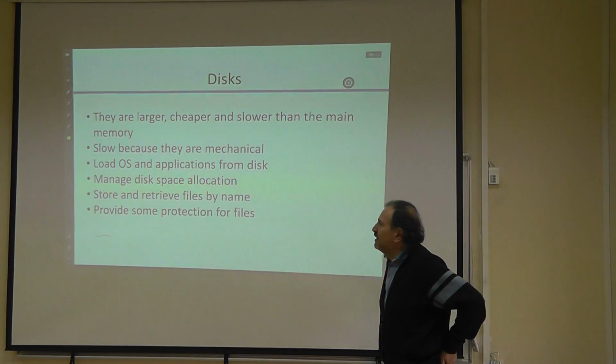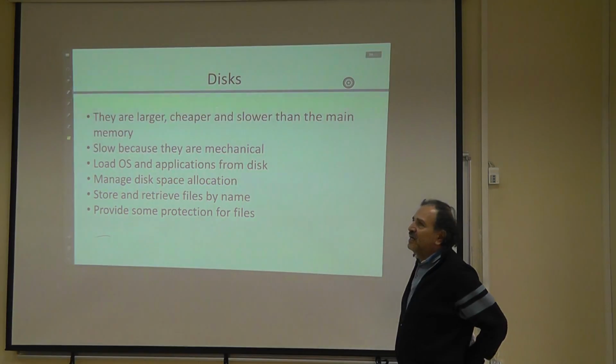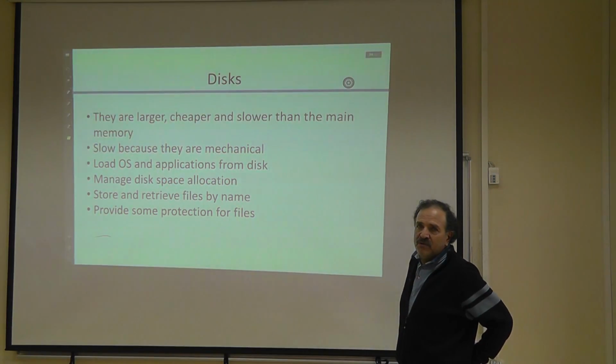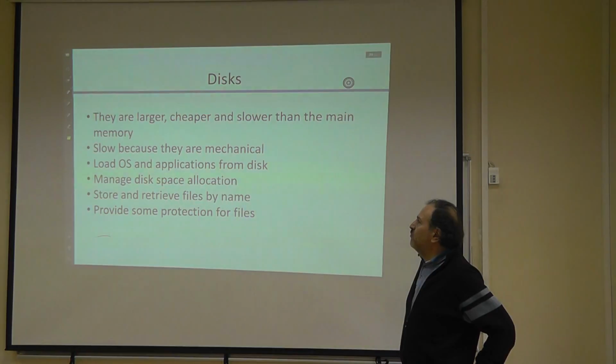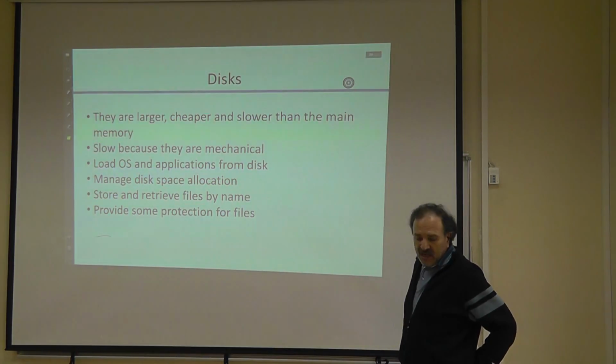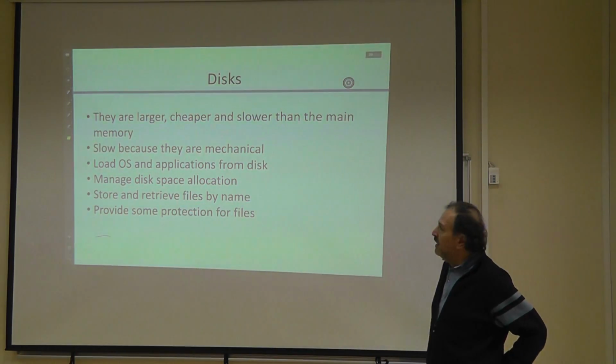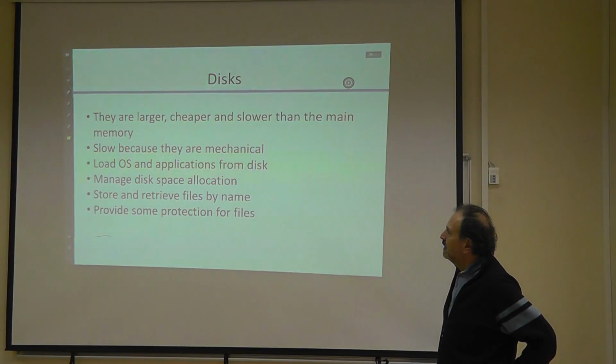One of the properties of the disks is that their memory is permanent. Even if they don't have power available, they can keep the stored data. That's why we load our operating system and applications from disks, because data can stay there as long as we want without any power.